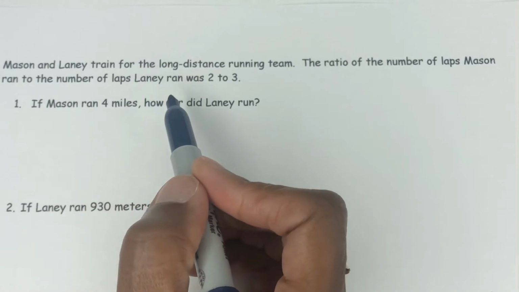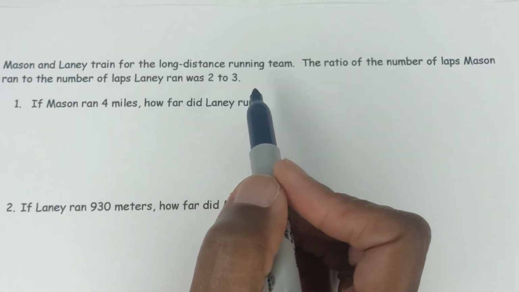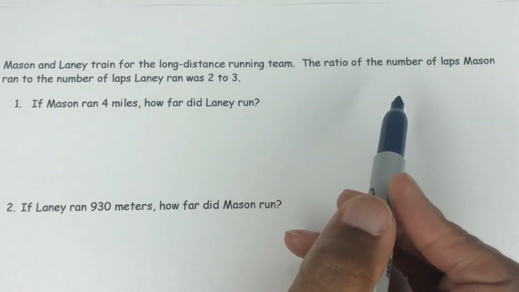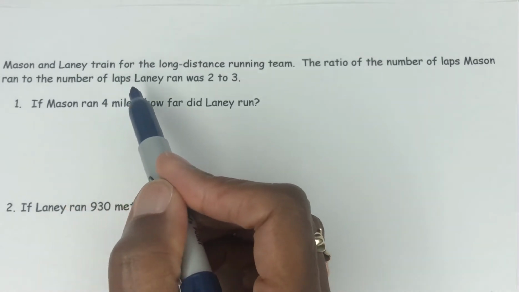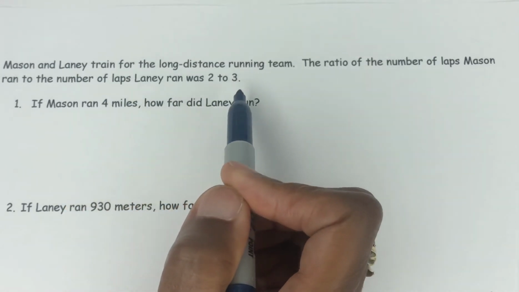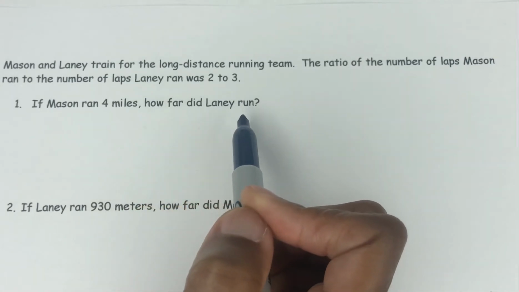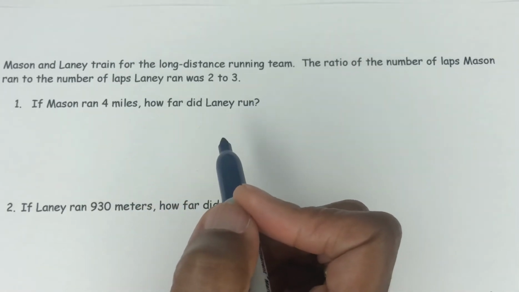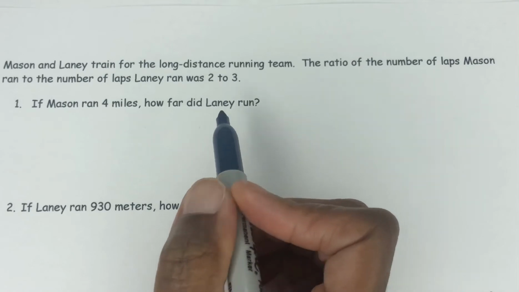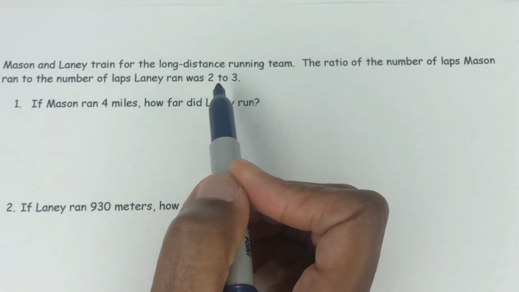Mason and Lainey trained for the long distance running team. The ratio of the number of laps Mason ran to the number of laps Lainey ran was 2 to 3. If Mason ran 4 miles, how far did Lainey run? Okay, so the first thing to remember with ratios is that you have to keep it proportional.